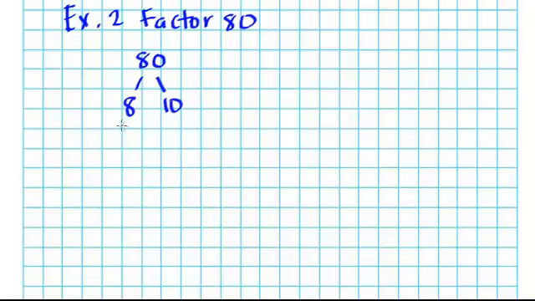Yes, there is. If I multiply 2 times 4, that will give me 8. Now I ask myself, can I factor out 2? Is there anything other than itself and 1 that it can be divided by? No, there isn't. So I can't factor out 2 anymore, and I'm done factoring on that end.